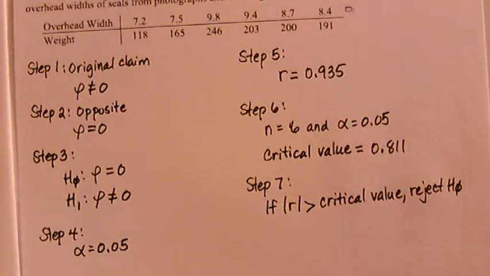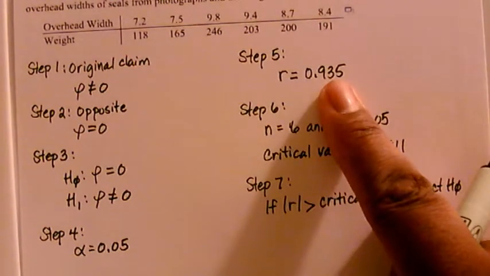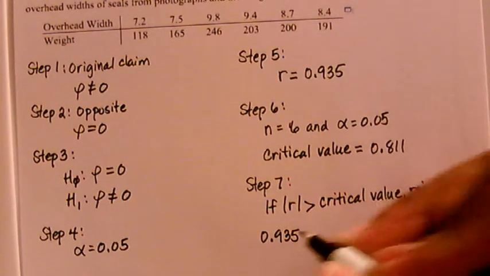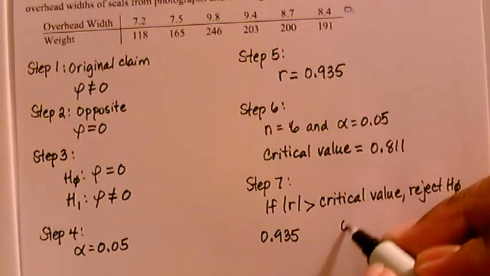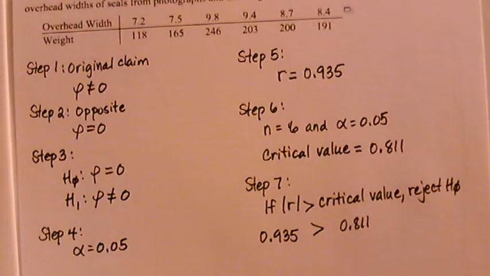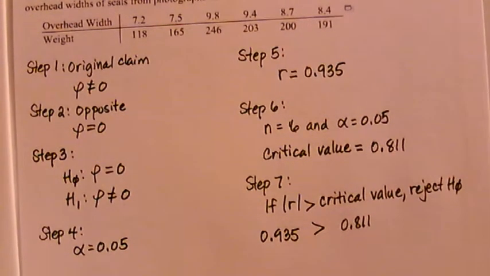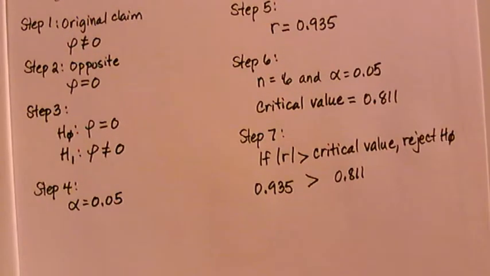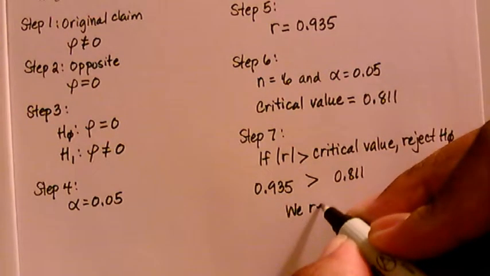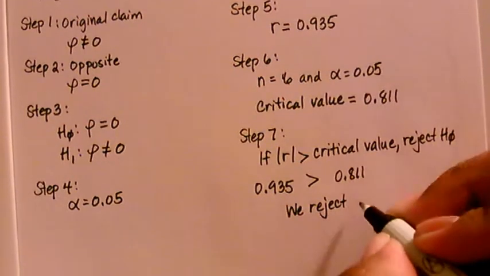So now if you compare, the absolute value of 0.935 is 0.935, and your critical value was 0.811. Compare those two, 0.935 is greater than 0.811. And because it does satisfy the decision rule, we can reject the null hypothesis.